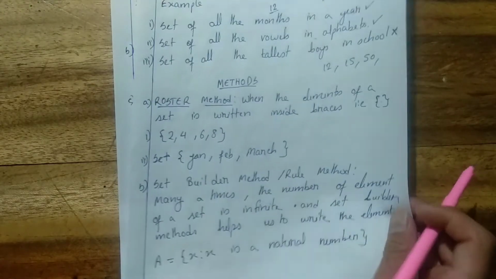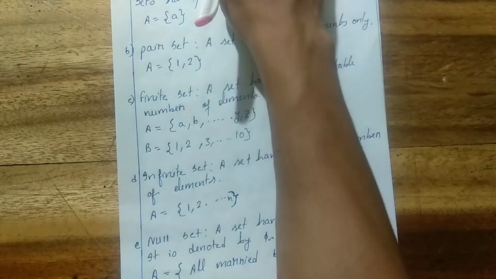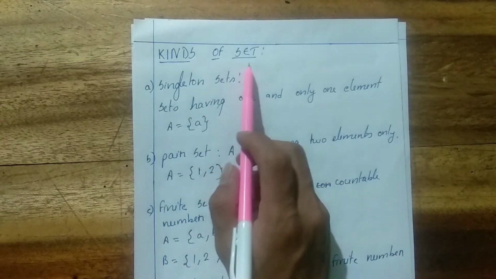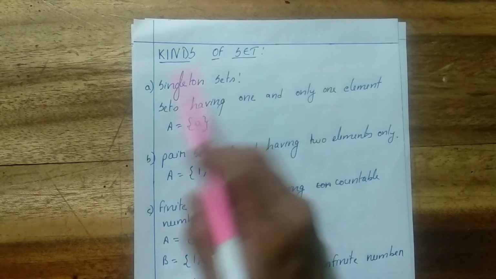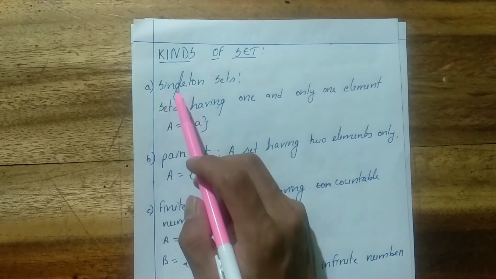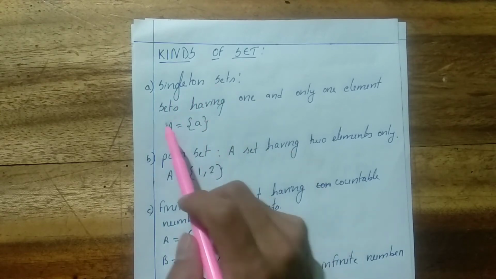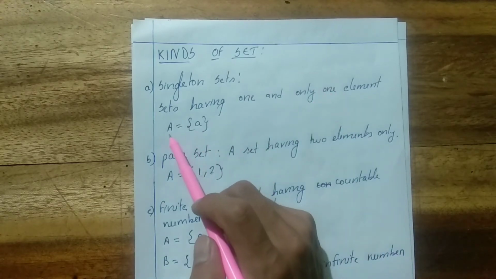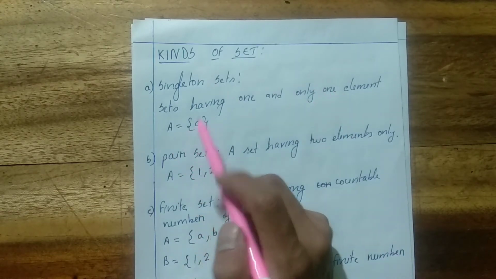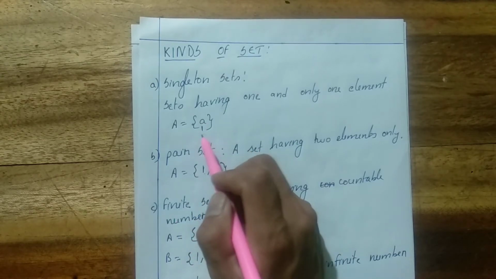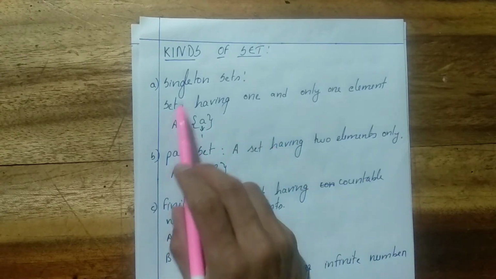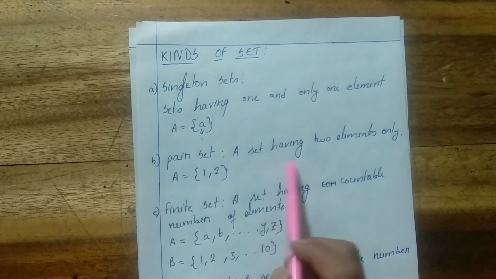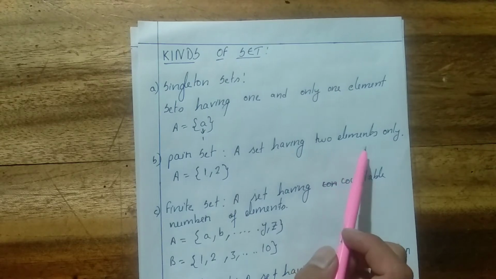Okay, let's talk about kinds of sets. So kinds of sets, right? Number A is singleton sets: sets having one and only one element, which means set A equals, we have here only one element, so it's a singleton set. B, pair set: a set having two elements, only two elements.